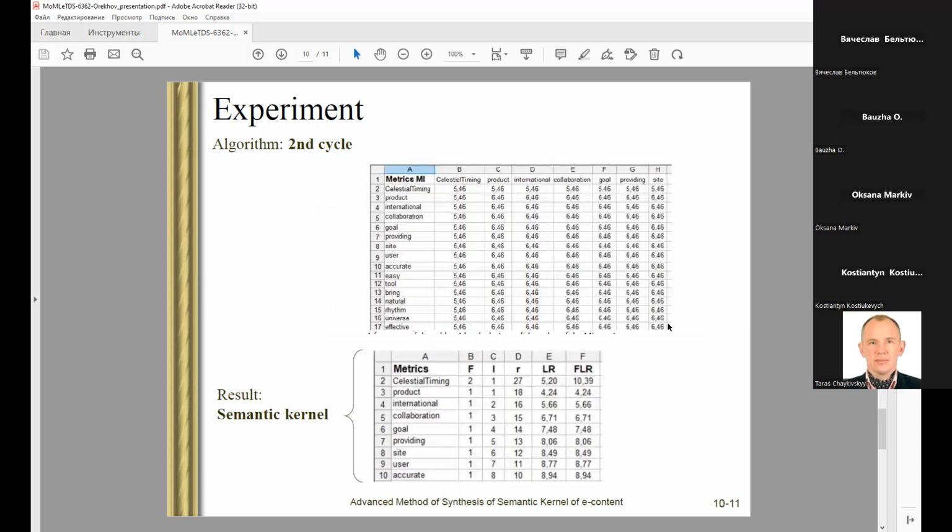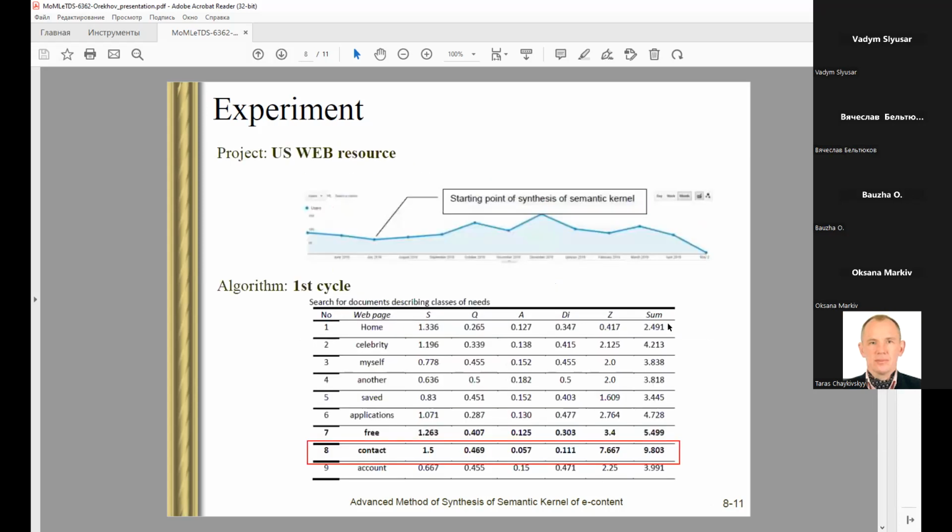The results obtained should be analyzed. To do this, let's turn to slide number 8. Again, as we see, at the beginning of 2018, this web resource lost its popularity. An idea arose to identify the causes of this situation.